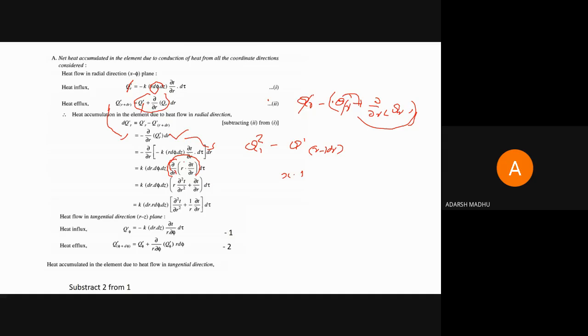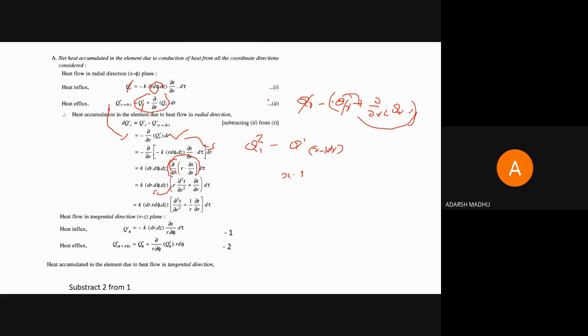Like we are differentiating this term and simply writing it as k into dr d phi dz into the negative, and the negative term is already cancelled, right? So the remaining term will be r into dou square t by dou r square plus dou t by dou r into dr. So here take r outside: dr into r d phi into dz.